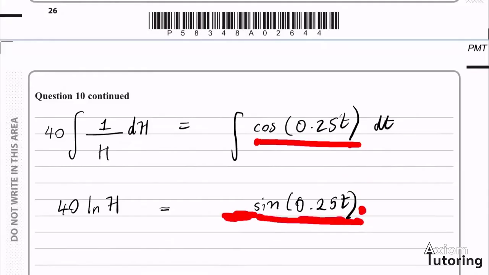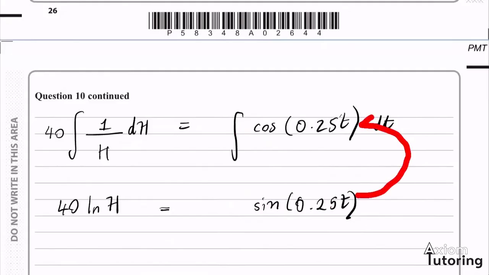Let's think about working backwards and differentiating sine of 0.25t to get to our cos of 0.25t. When we do that, from what's inside the brackets, we get a factor of a quarter out. So actually, ignore me writing it there, but if we differentiate it to get cos of 0.25t, we're also going to get a factor of 0.25 in front.